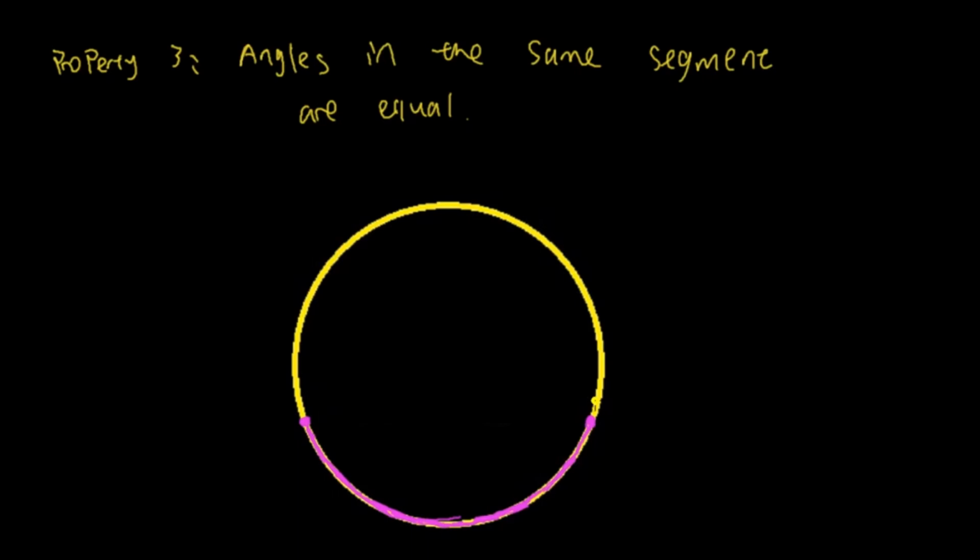And what I'm going to do now is draw the lines. Let me go from the end of this segment to this side here, and then from here to the other side of the segment.